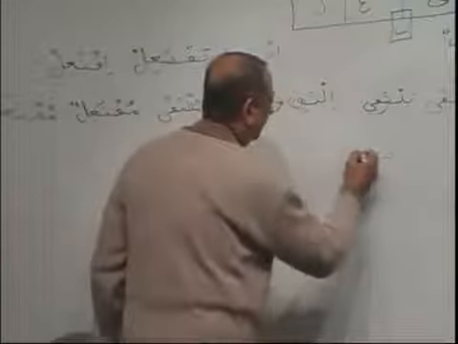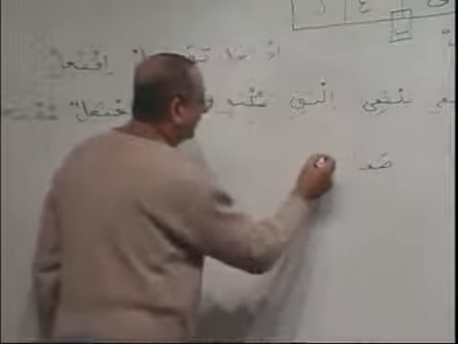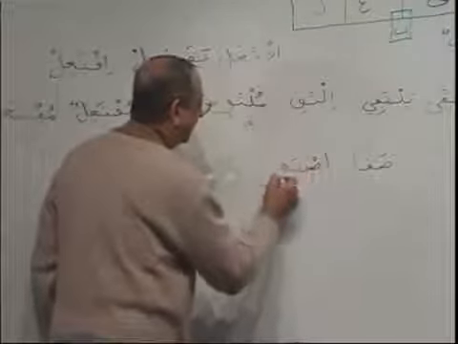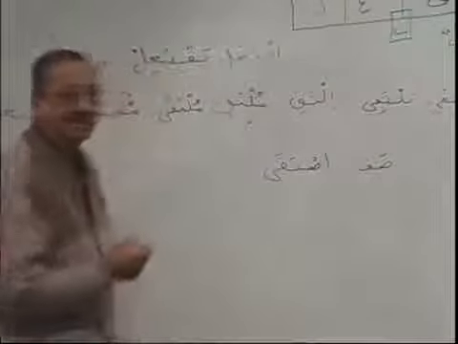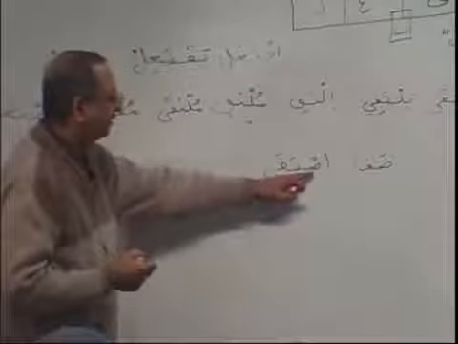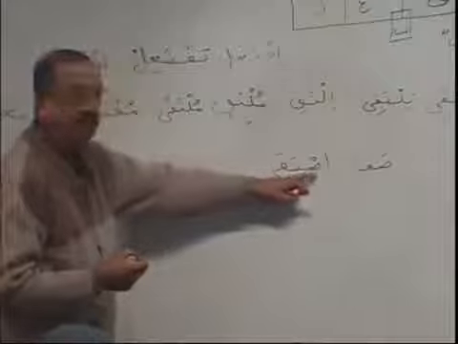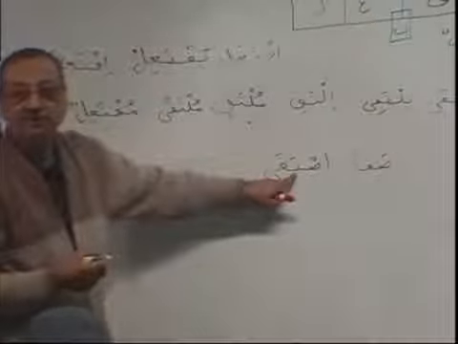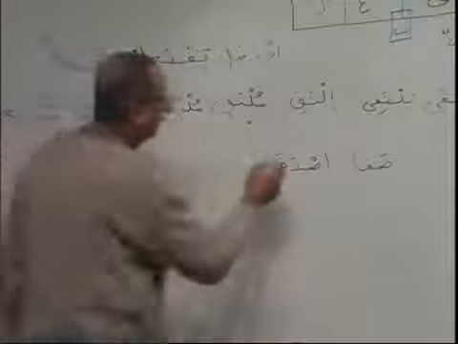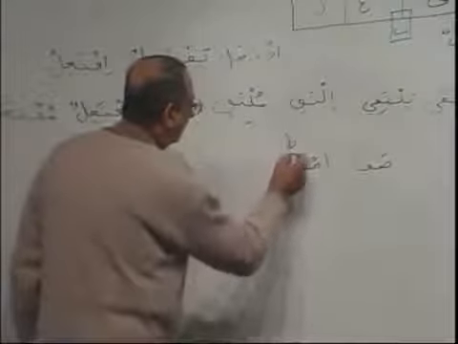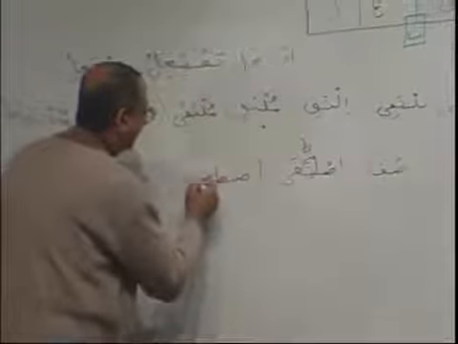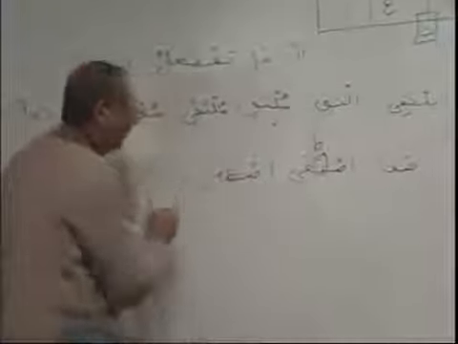Safa will change into Is, Ta, Fa. Like that. Now, the Swad, the Ta will change into Ta. Okay, brother? So it becomes Istafa. Are you with me?